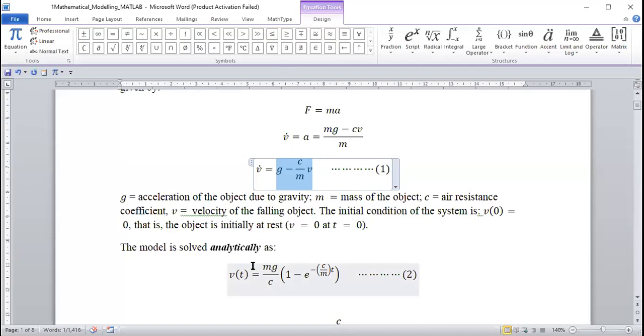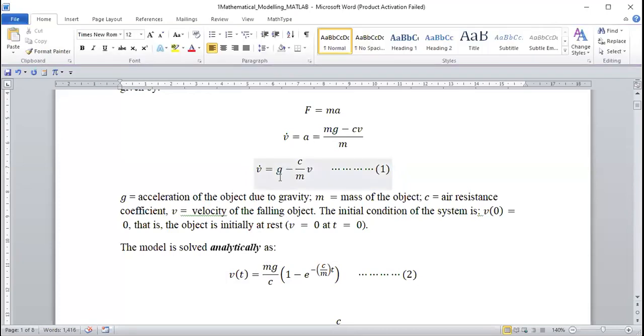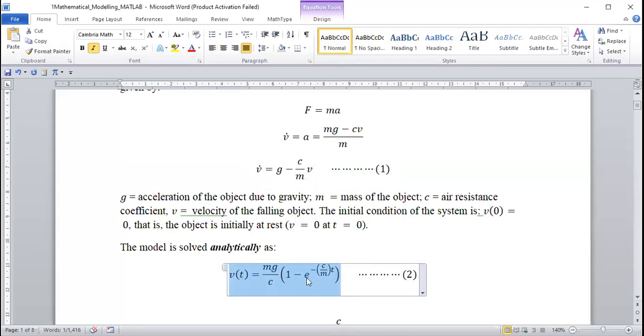Because this course is numerical methods, so we'll be using numerical methods to solve problems. But because this model is very simple, we can solve it analytically. When we solve it analytically, equation 2 represents what we are going to get.